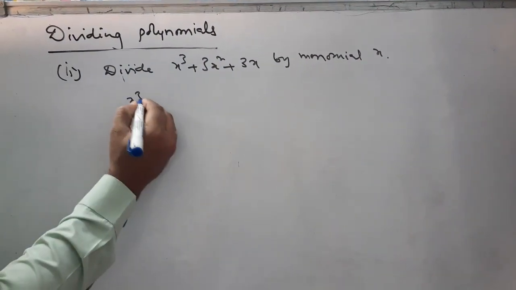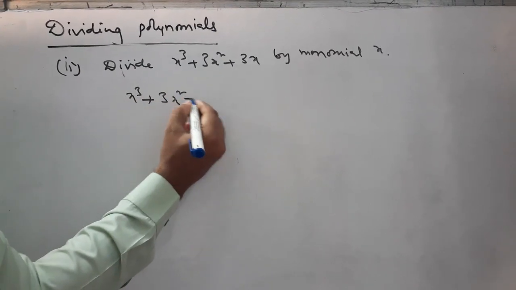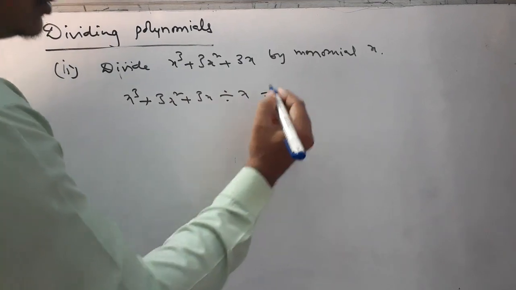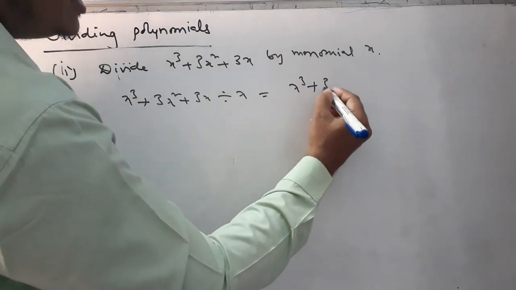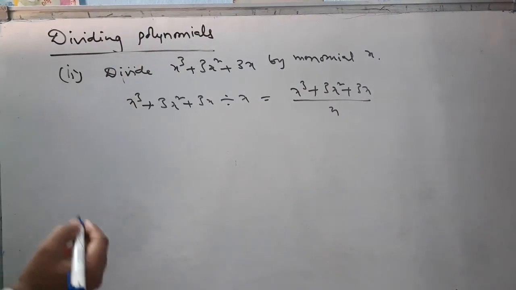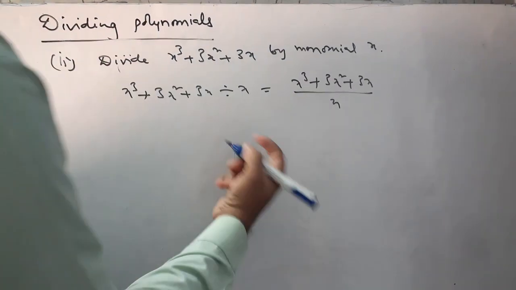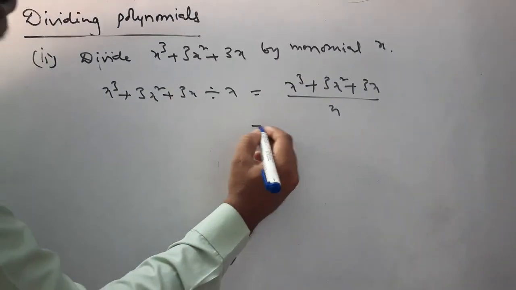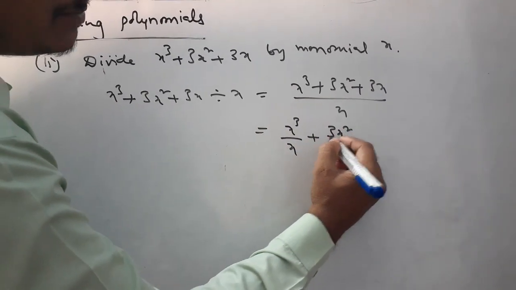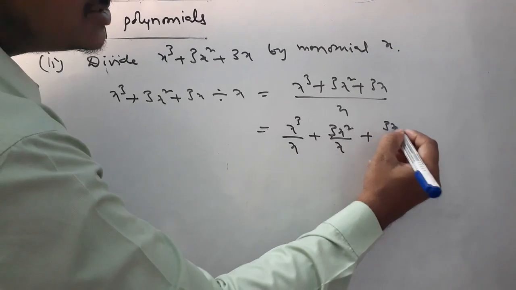So x cube plus 3x square plus 3x divided by x. Dividing by x means we can take each term: x cube by x plus 3x square by x plus 3x by x.